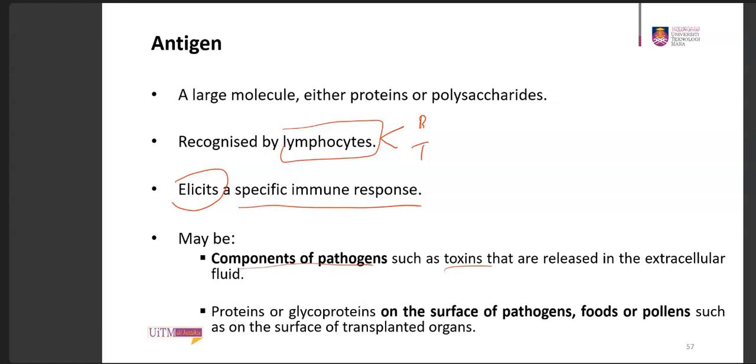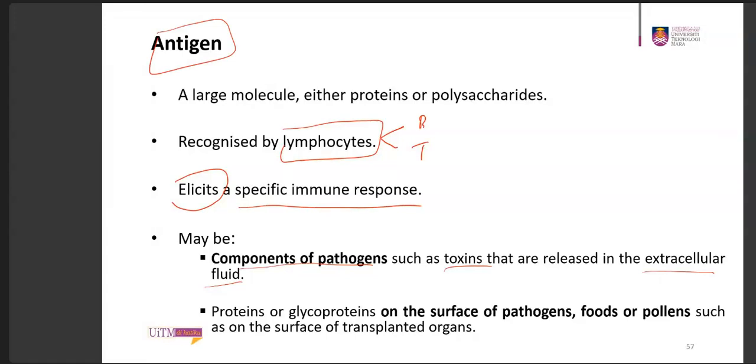So the toxin secreted by the pathogen can also be considered as antigen, released into the extracellular fluid. The toxin of the pathogen can circulate anywhere in your body.